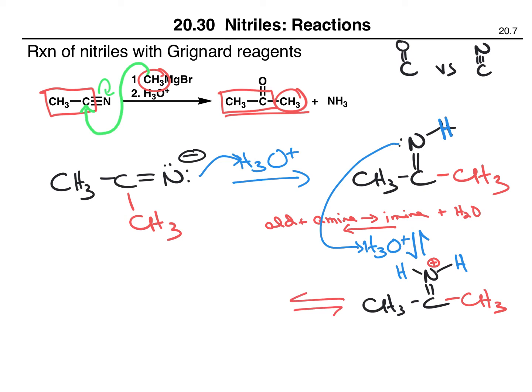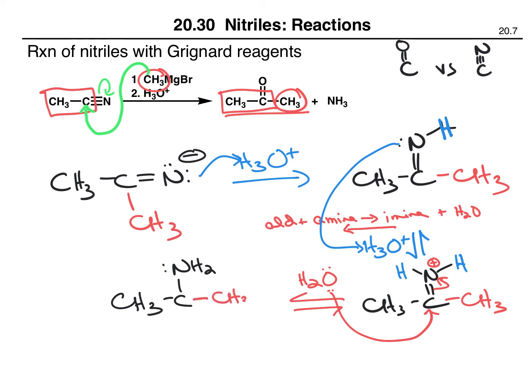Water can add here, pushing these electrons here. This gives H3C single bond NH2 and a lone pair. And this is the CH3 that came from the Grignard, and this is from water.